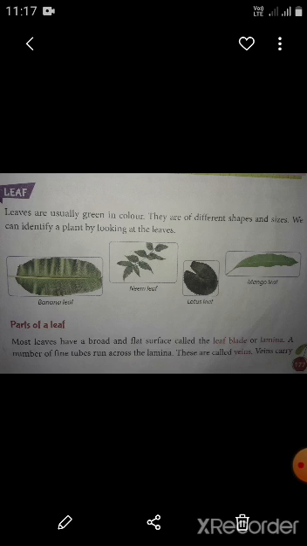If we observe a leaf closely, we can see a network of fine lines. These are called the veins.